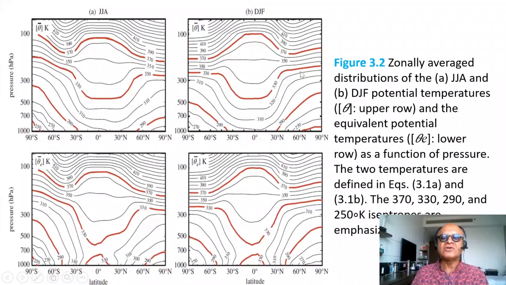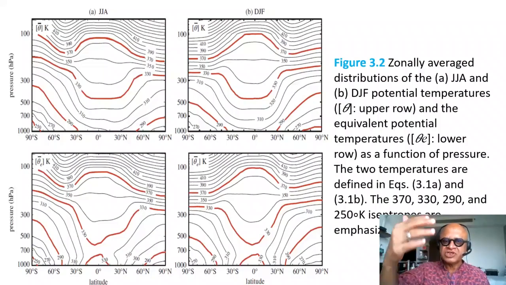These are called isentropes because if you move an air parcel along it, entropy doesn't change. The subtle difference with the equivalent potential temperature is seen here. It's 310, about 300 here, whereas it's 330, and you can see that there is a negative gradient approximately here, which corresponds to the instability which allows convection to happen.